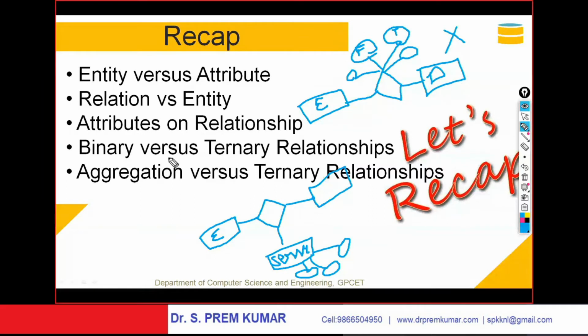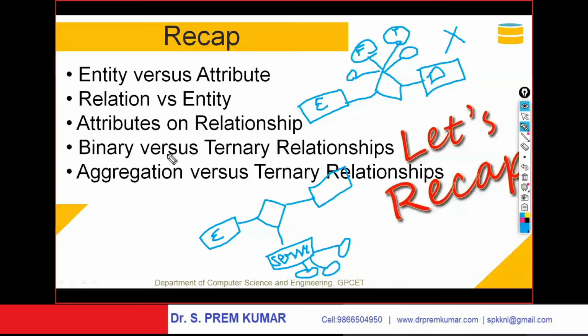Employee, department, projects. Every employee is involved in some project, and every employee got involved with some department. There is a relation between employee and project, and a relation between employee and department.